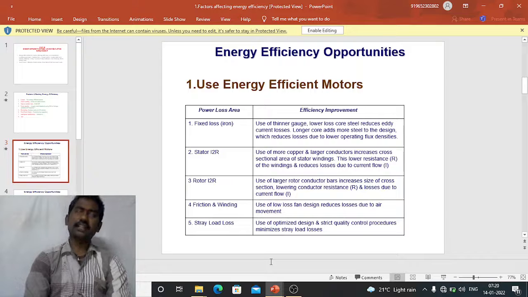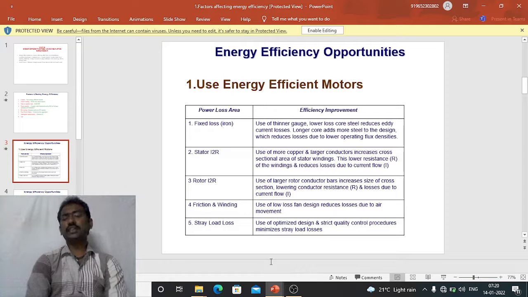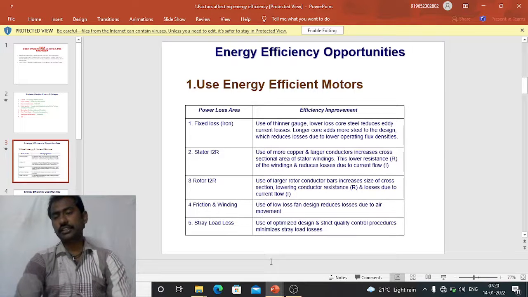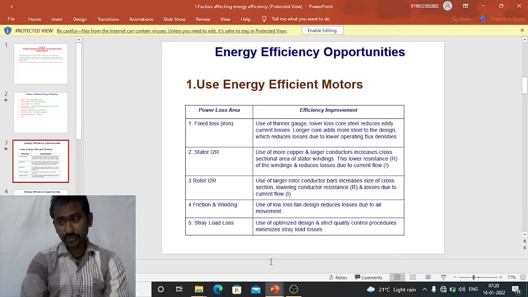The fixed losses are the losses in the core side, and the core losses are further classified into 2 types: eddy current losses and hysteresis losses. Because of the magnetic reversals of the dipoles or domains in the magnetic material, losses occur. Those losses are nothing but hysteresis losses.